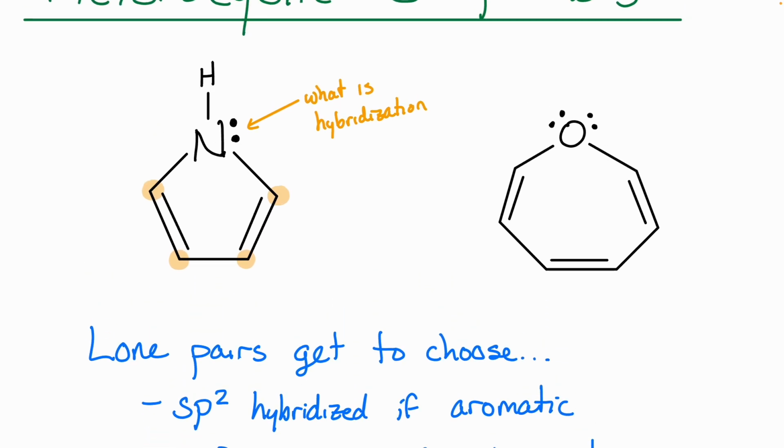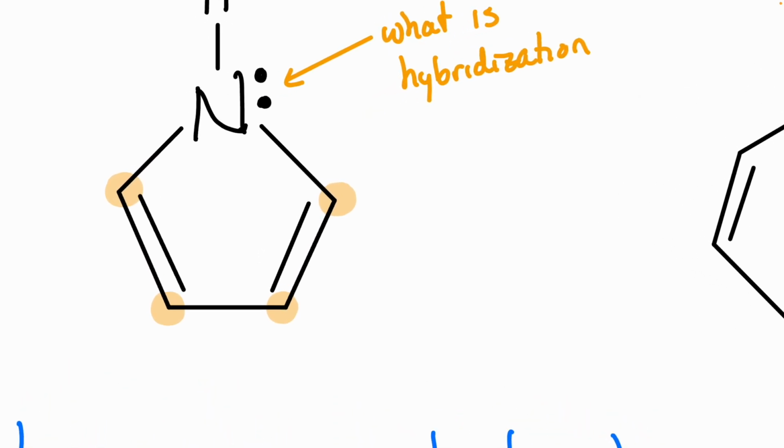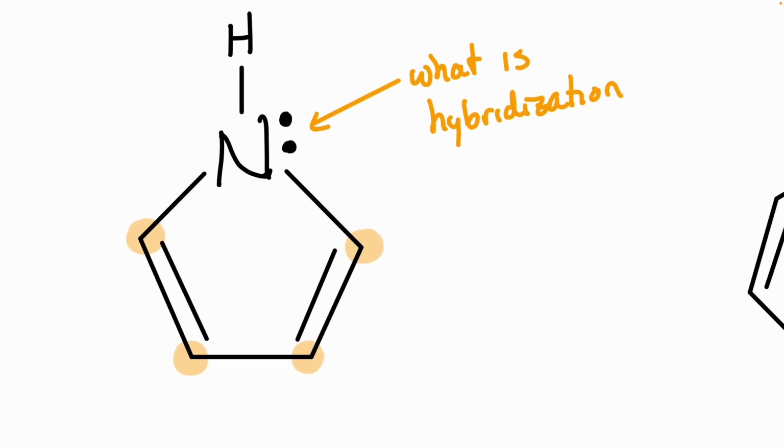Before we can finish our discussion of the hybridization of each of these atoms, we have to move on to rule 2 and see whether or not adding this pair of electrons would make this ring aromatic or anti-aromatic. We have 1, 2 pairs of delocalized electrons in those pi bonds. If we included that lone pair, that would make 3 pairs of electrons. So is that going to make that compound aromatic or anti-aromatic?